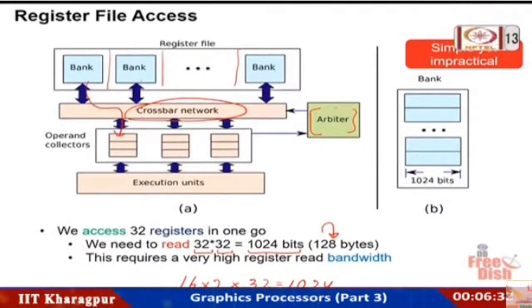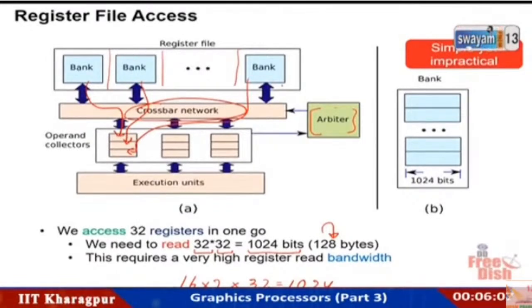We put all of that data in a dedicated hardware structure called an operand collector. The job of the operand collector is to work like a temporary buffer till the data is completely read from the register file banks. Clearly we're accessing multiple banks, so from each bank we're reading a lesser amount of data.